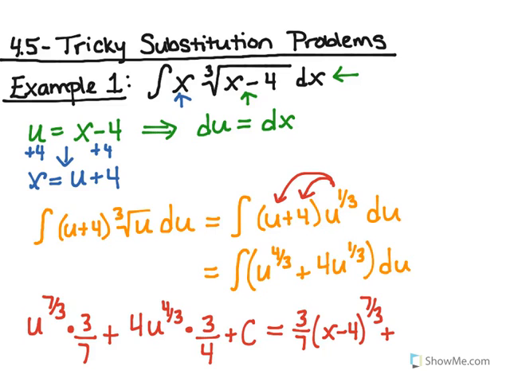Now 4 times 3/4 is really just 3, and then I have u to the 4/3. That'll be x minus 4 to the 4/3. And then I just need a plus c at the end, and the problem is complete. So this is your final answer.